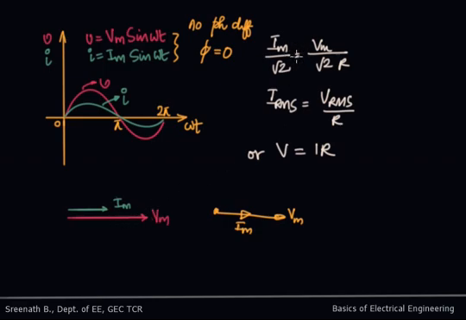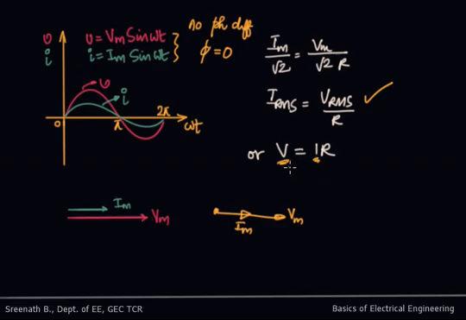Now when you divide this by root 2, that is Im by root 2 is equal to Vm by root 2 into R. So that will be giving you the RMS values, or Vrms can be written as IRMS into R, or capital V is equal to I into R, where these two values are the RMS values.